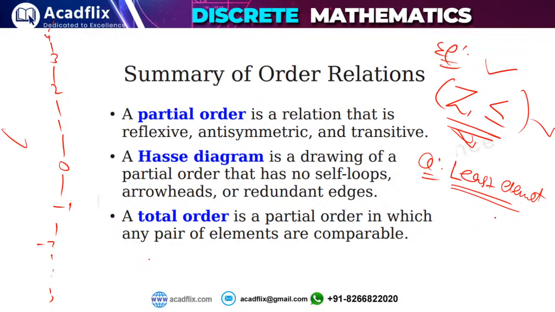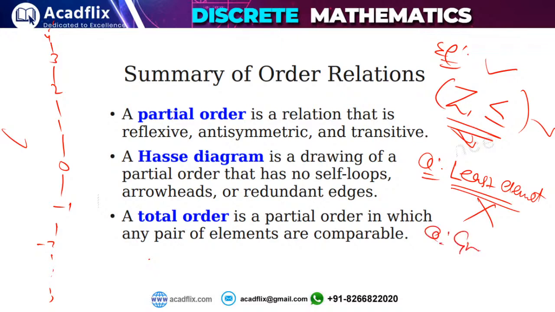In this poset, there is no least element, because you will just keep on going down. After -3 you will have -4, after -4 there will be -5, after -5 there will be -6. Least element does not exist.